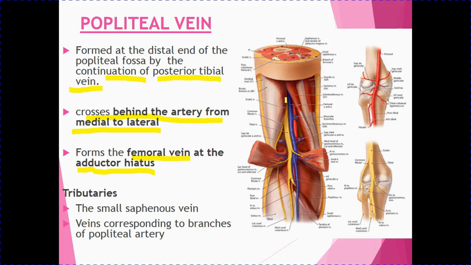The tributaries of the popliteal vein are the corresponding veins to the branches of the popliteal artery, as well as one important tributary, the small saphenous vein, which we told you pierces the deep fascia and drains into the popliteal vein.